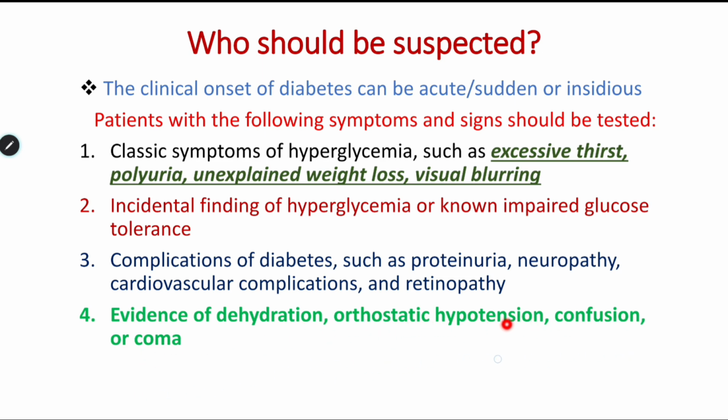What is orthostatic hypotension? If you are lying down on the bed and if you stand up suddenly, sometimes you may have noticed that you feel slightly dizzy, but that is not orthostatic hypotension. That is because when you are lying down, the vessels are relatively dilated, and when you stand up, the lower part of the body vessels have to constrict to maintain the blood flow to the heart so that the cardiac output is maintained.